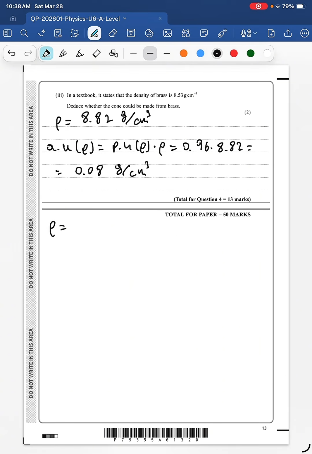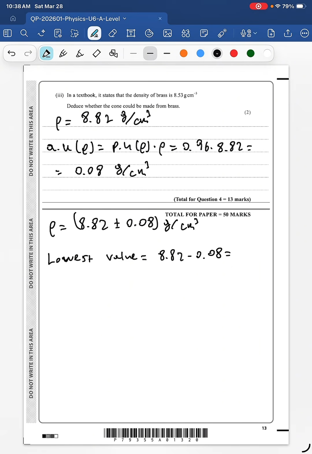So rho is 8.82 plus or minus 0.08 grams per cubic centimeter. So the lowest value is 8.82 minus 0.08, which is 8.74 grams per cubic centimeter, which is larger than 8.53 grams per cubic centimeter. So not brass.